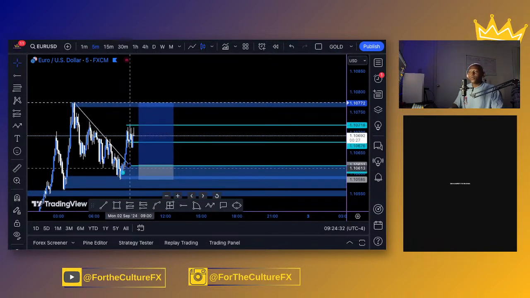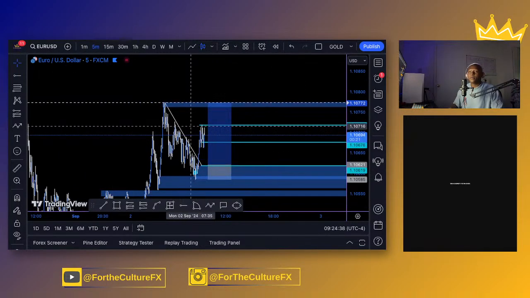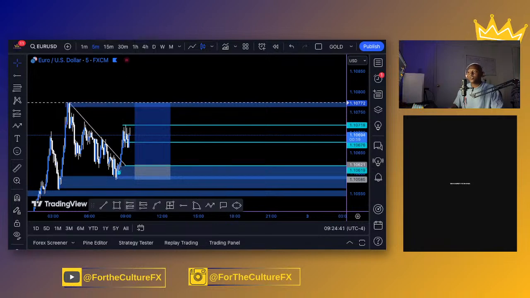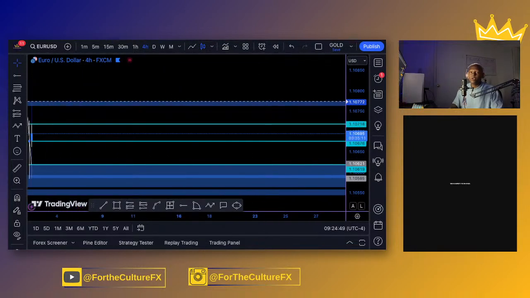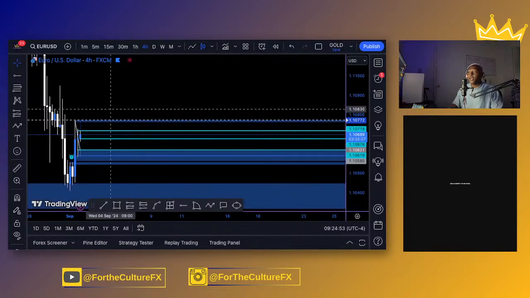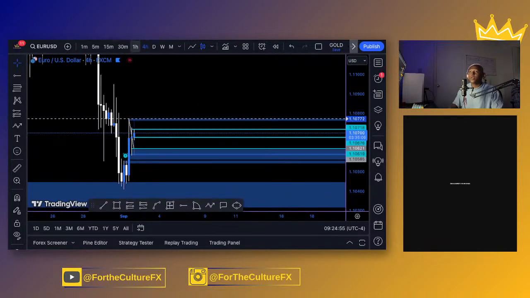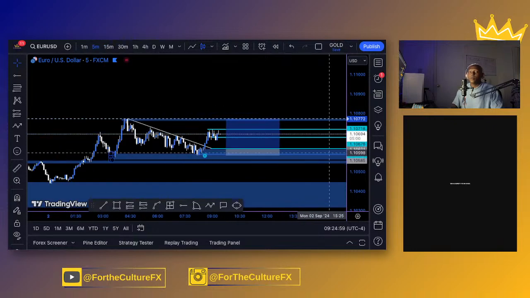But if not, I want to be notified when price comes down to this 5-minute level of demand, and that way I'll know that I can potentially take my entry, a higher probability trade for that continuation for price to break the 4-hour high here, so we can see it on this time frame. And that'll be a 1 to 4 trade, and then I will call it a day, and we'll go from there.